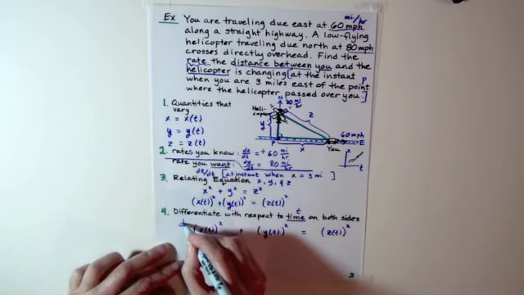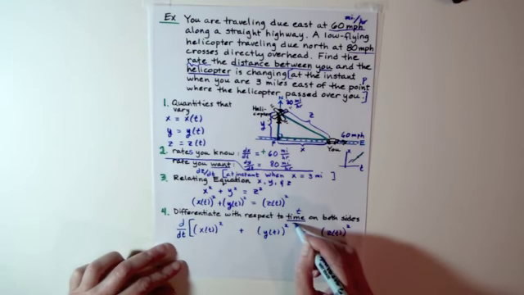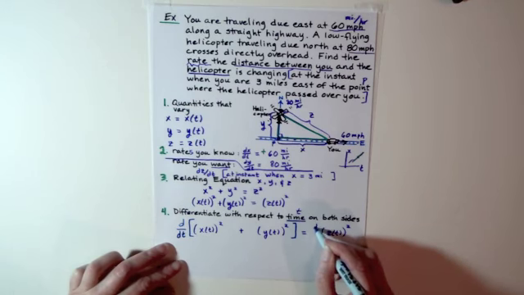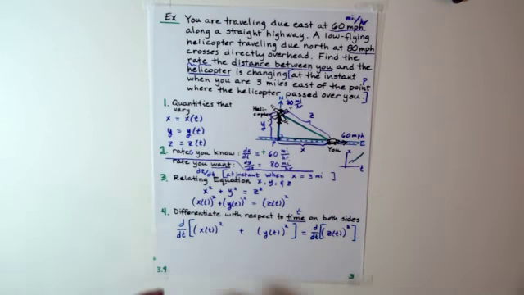So if we differentiate the left side with respect to time, that should equal what we get on the right side if we differentiate with respect to time. So go ahead and try to find the derivative. And here, finding the derivatives is very similar to the process that we did in the last example. So pause the video, try this problem, and see if you can differentiate with respect to time on both sides.